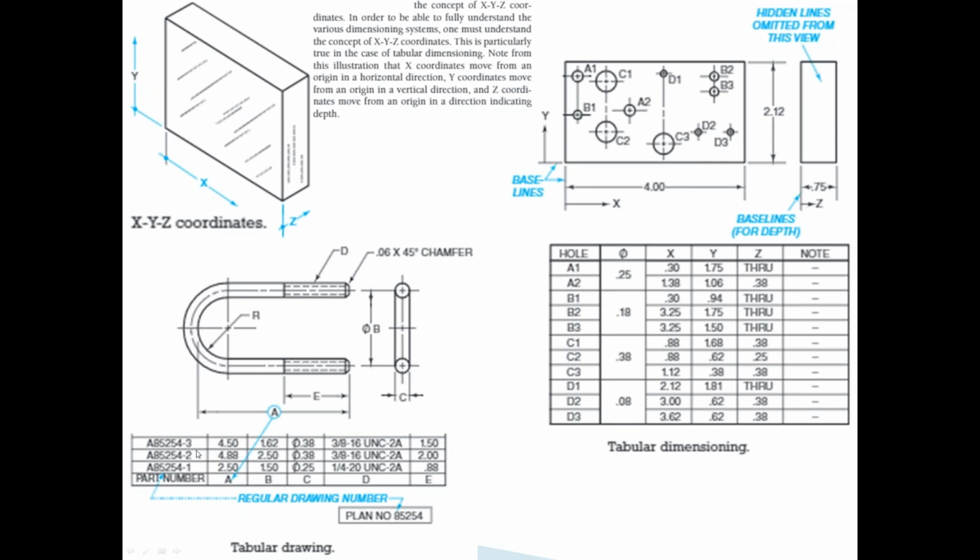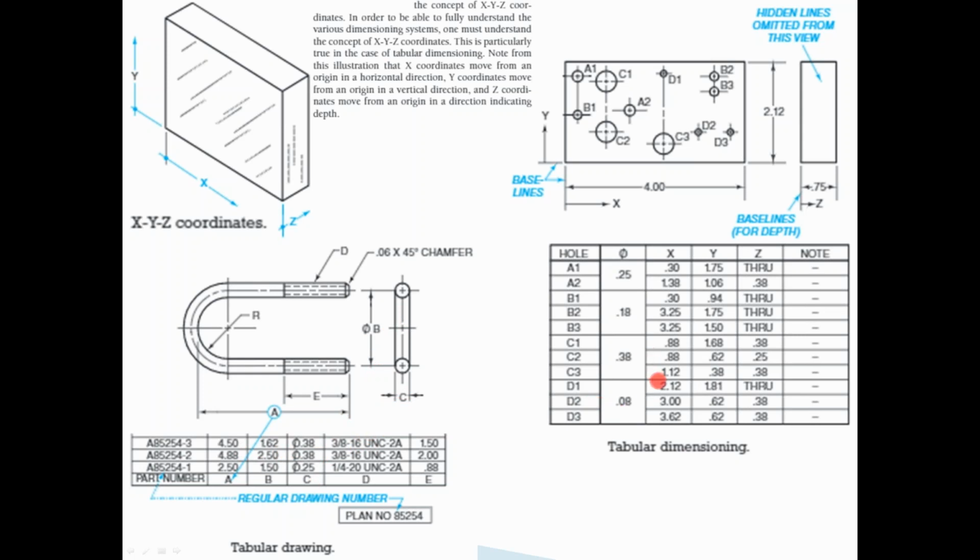So what you're going to have to do is call out a table and specifically say that for this particular part, the A dimension is going to be 4.5 inches, the B dimension you need is 1.62, and for C the diameter is 0.38. And it's only applied to this particular part.